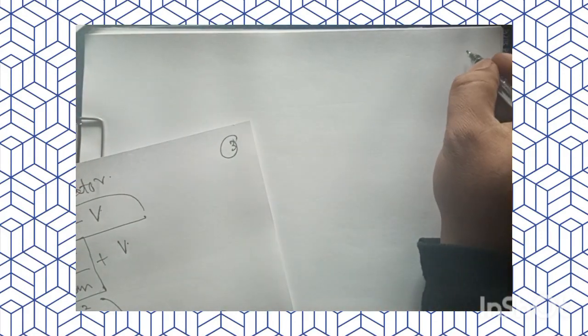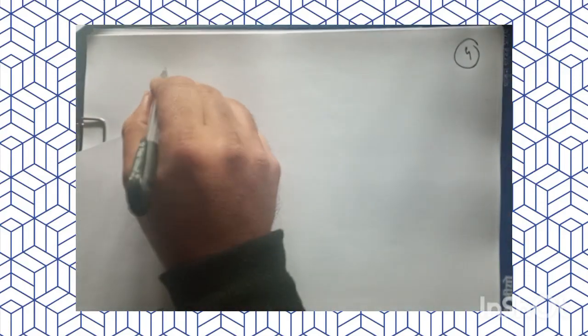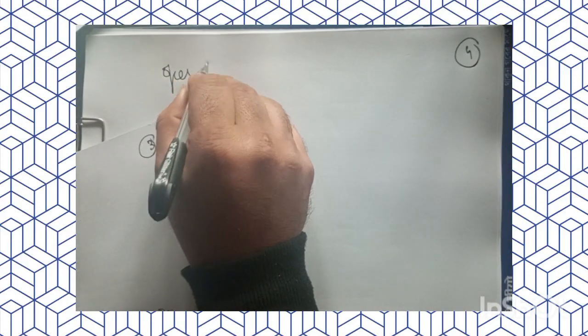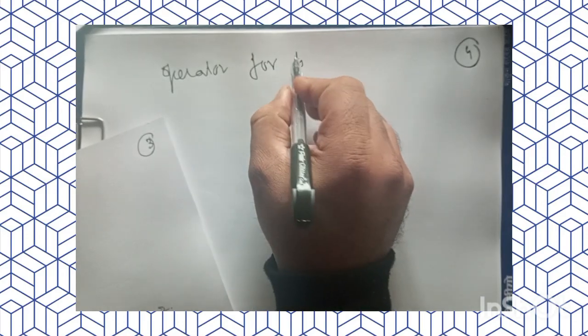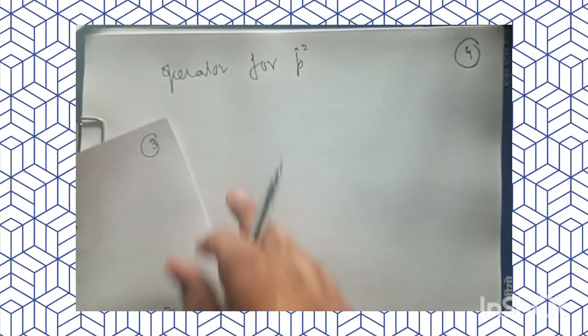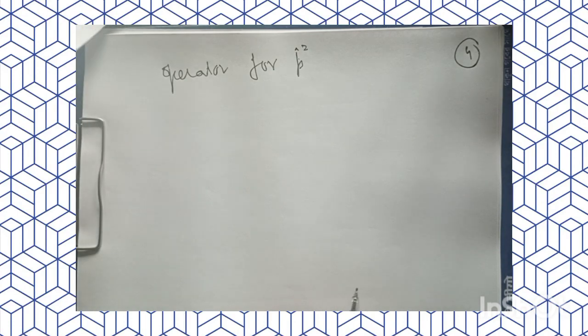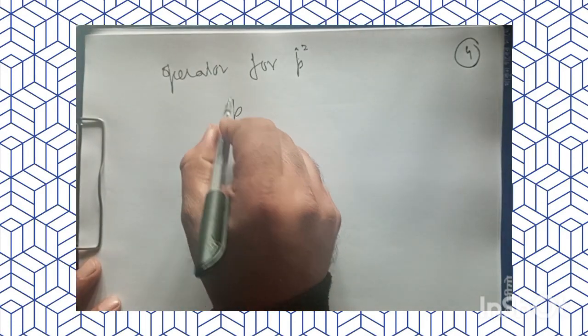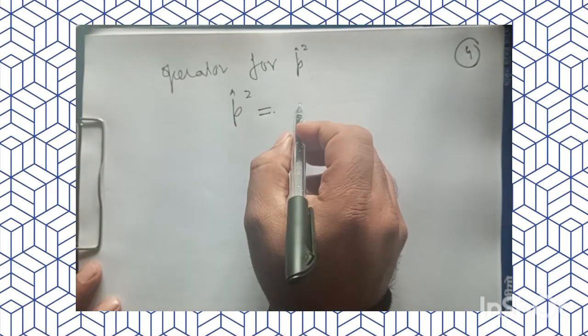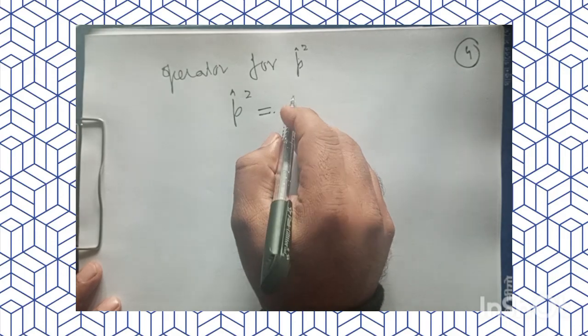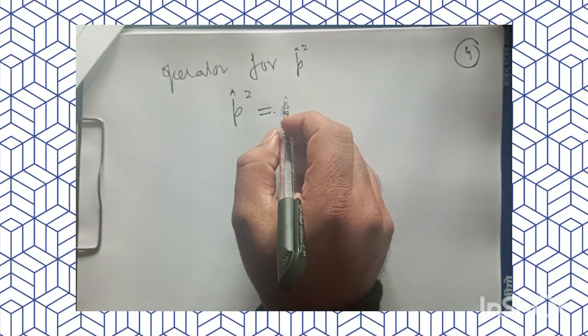So if I go on from here, operator for momentum square. All right, so what should be that? In that case, this operator for momentum square should be, the 2m part will be multiplied here.